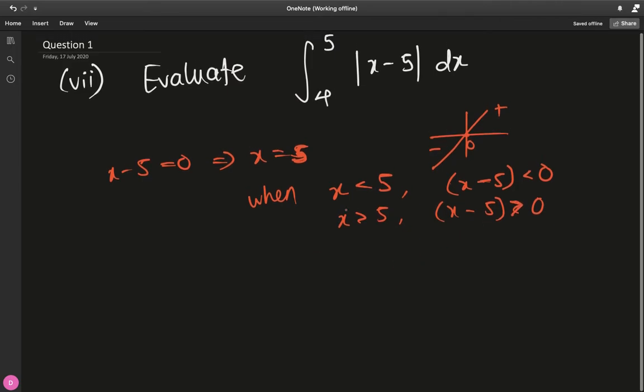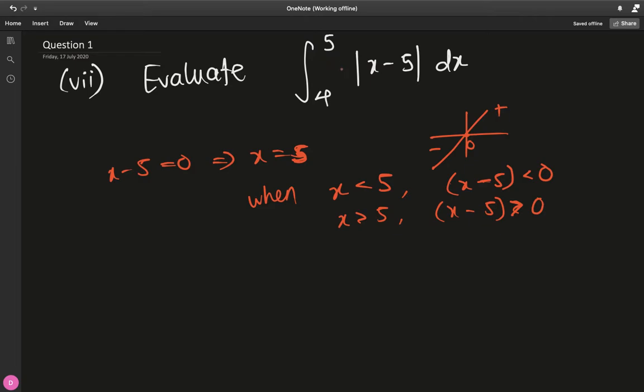Okay, but now notice on the interval of integration, which is going from 4 to 5, it will be negative from 4 to the limit as x goes to 5, and then after that point at 5 exactly, it will be 0.